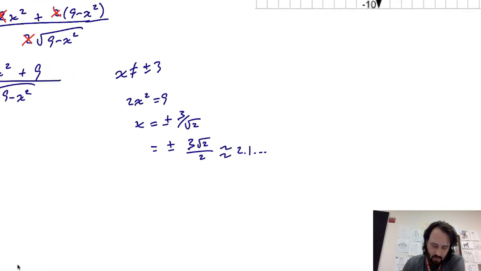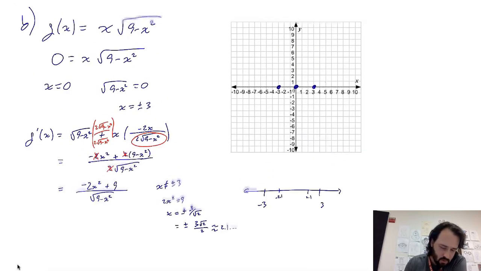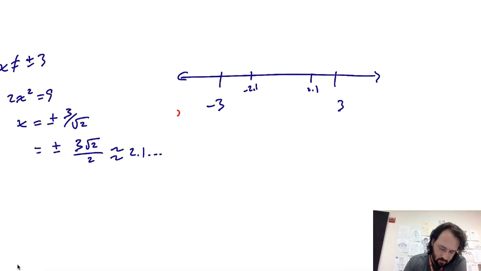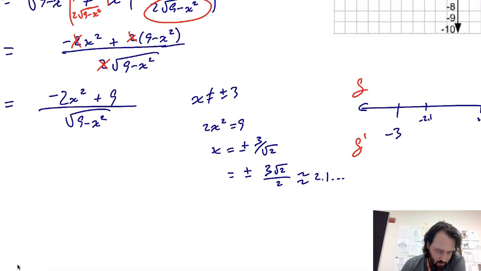So if I think about that on a number line, again, negative 3 to 3 are my boundaries for my domain, and I'm going to check around negative 2.1 and positive 2.1 to see the relationship with g prime and g. So if I put in negative 2.5 or something, let's see, the bottom always has to be positive, so that's not going to be a concern.